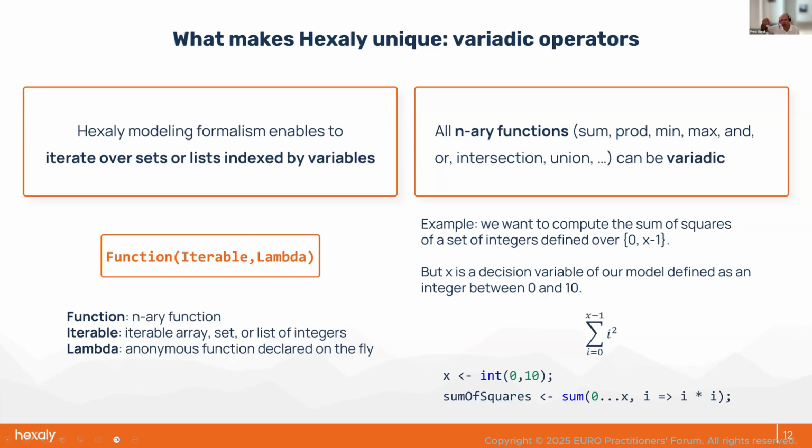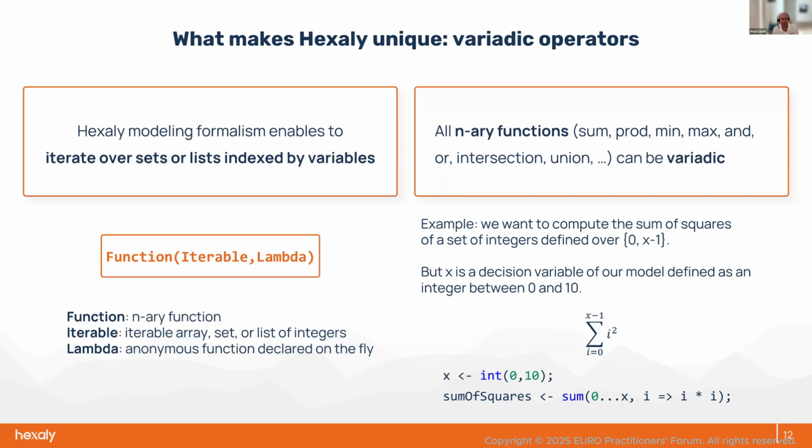So we use here some concepts from software engineering, computer programming, programming languages. Modern languages expose lambda functions. You have them in Java and C#. We have introduced the concept of lambda function into the mathematical formalism of Hexaly.